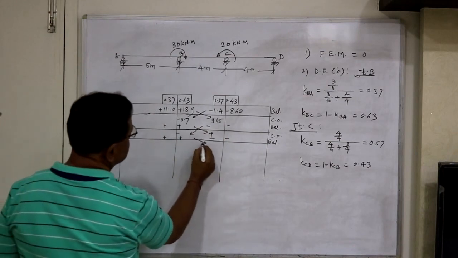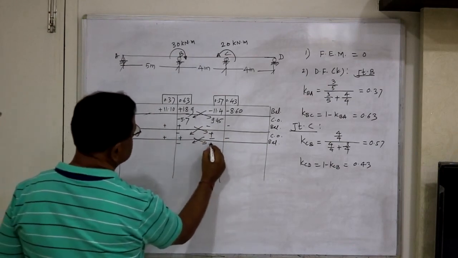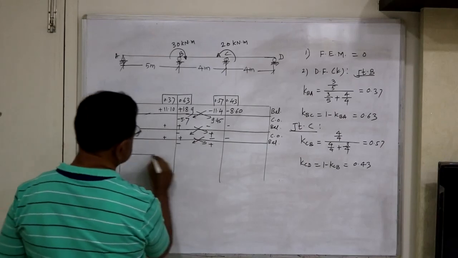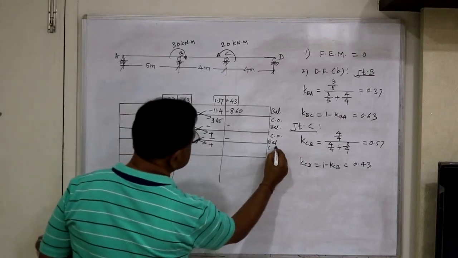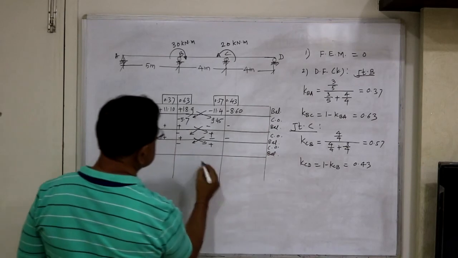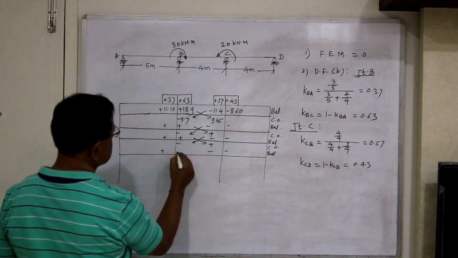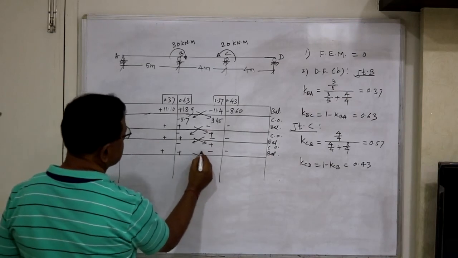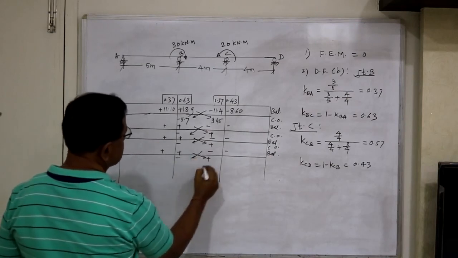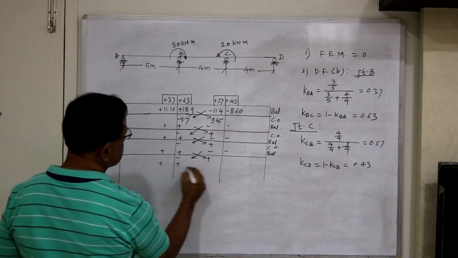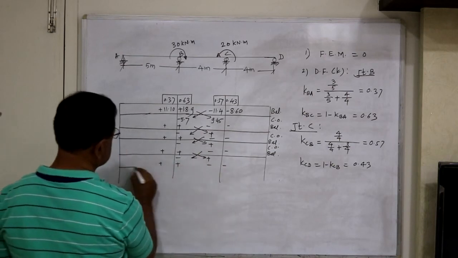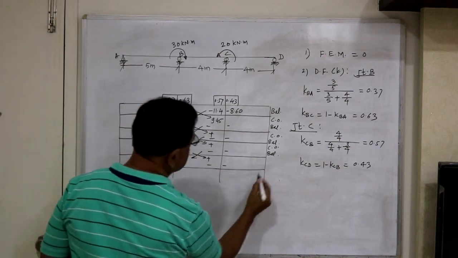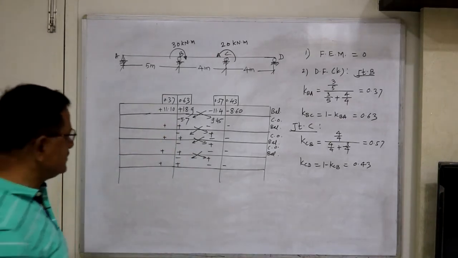Then carry over, minus, plus. Then balance. So this is minus, minus, this is plus, plus. And then again, if required, do this: plus, plus, minus, minus, and check how many cycles are required to vanish the unbalanced moment.